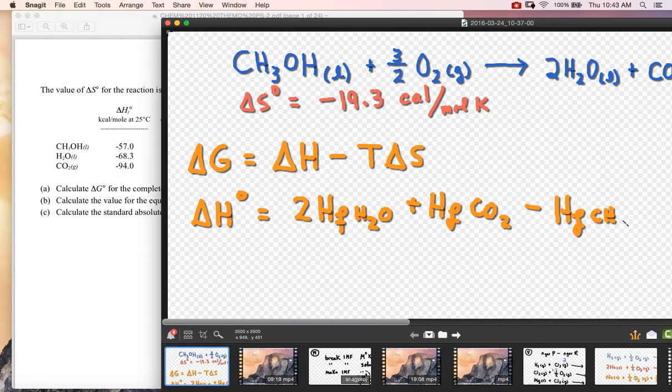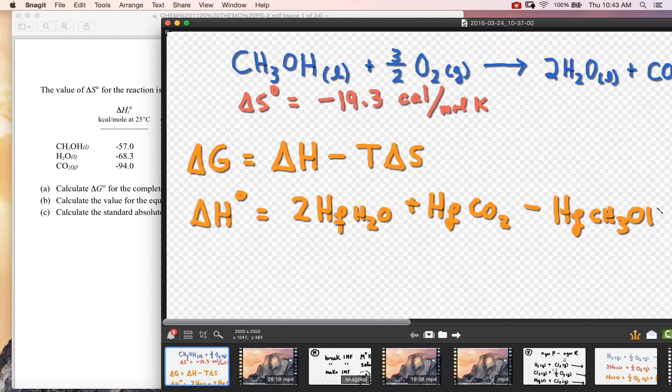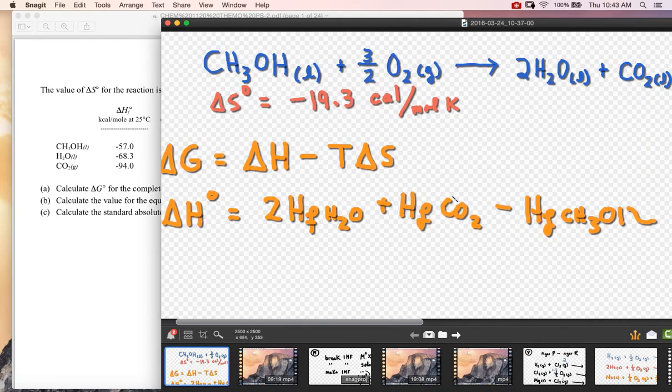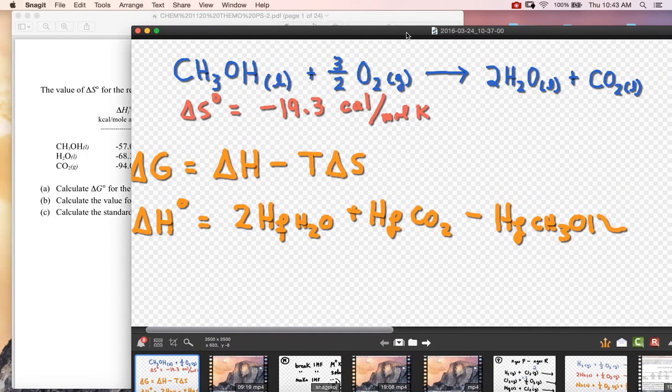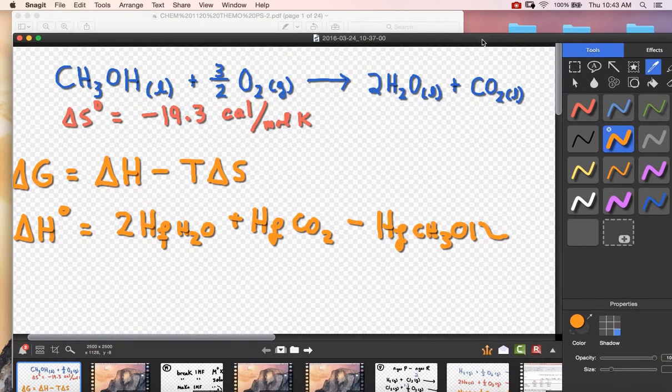Again, there is no H of formation of O2 because it already exists. That is, its H of formation is equal to 0.